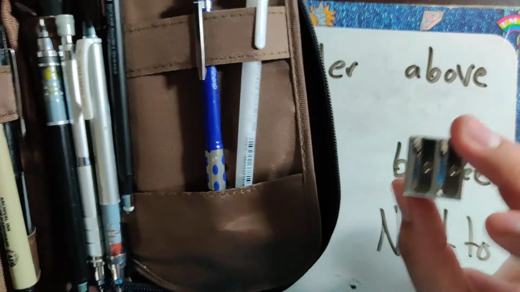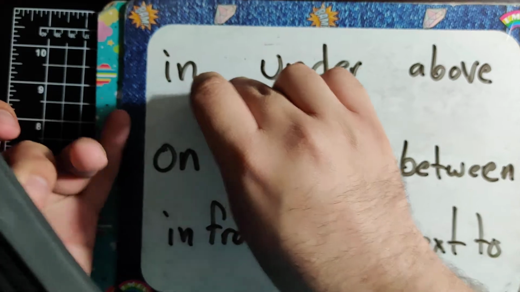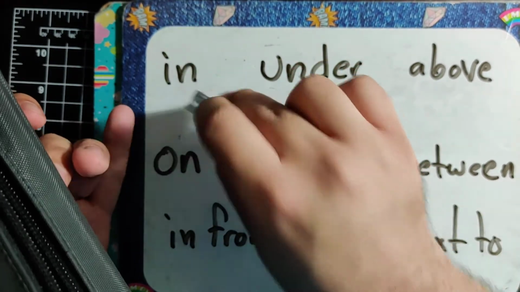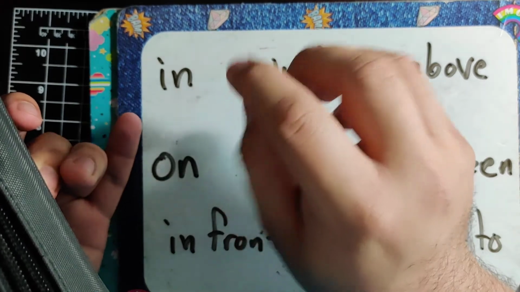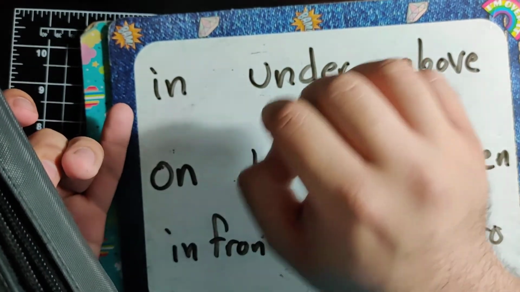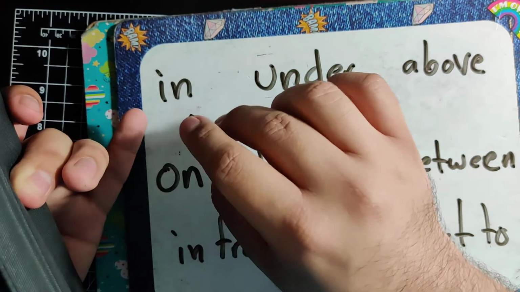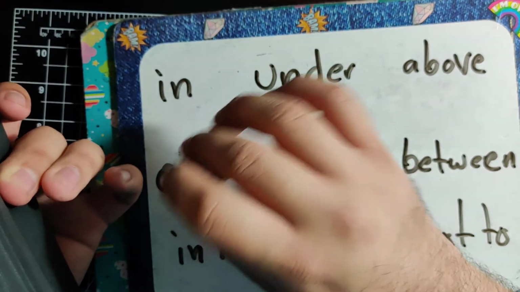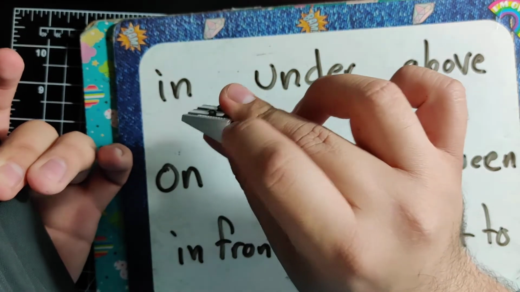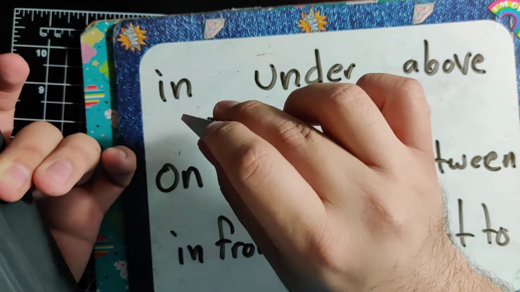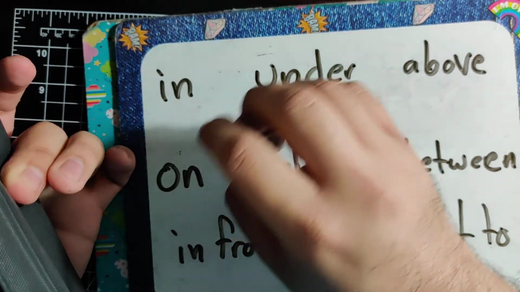So, sharpener. We're going to be using there is and there are. First, in. In is pretty simple, right? I recommend that while we're seeing each word, mientras estamos viendo cada palabra, you draw an image, dibuja una imagen que estén aquí. If you're watching this video, if it's someone from university, it's optional. Pero si son de prepa, lo voy a estar checando también en sus notas. Traten de dibujar qué representa cada una.